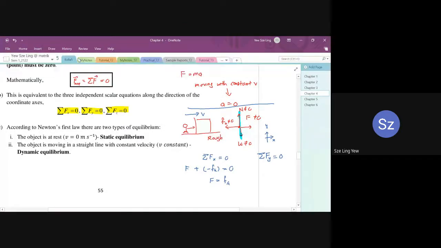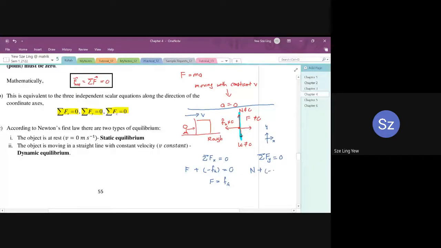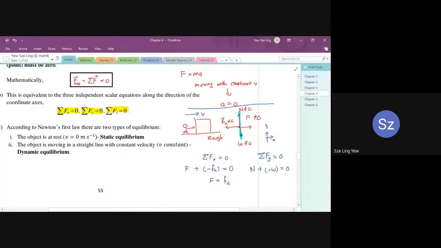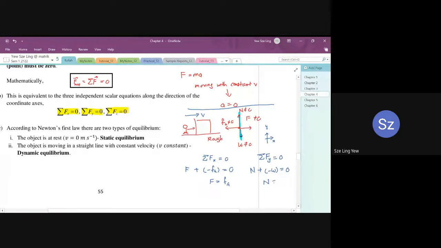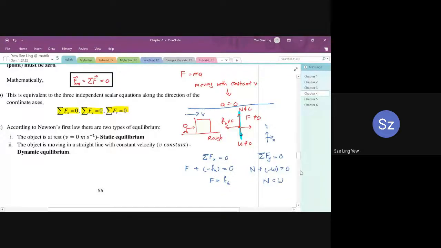Therefore, what can I say? I have a normal force going up, so positive N, plus W is going down, so plus a negative W, equals to 0. So in that case, if you rearrange the equation, it tells you that if the object is in equilibrium, my N is equal to W. So you solve them by component.